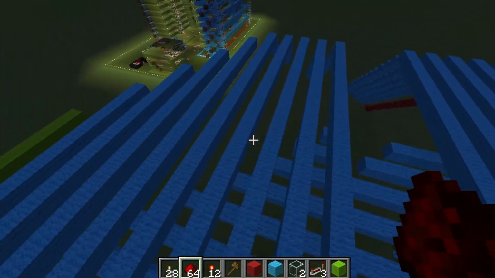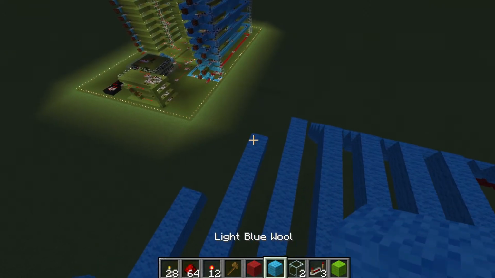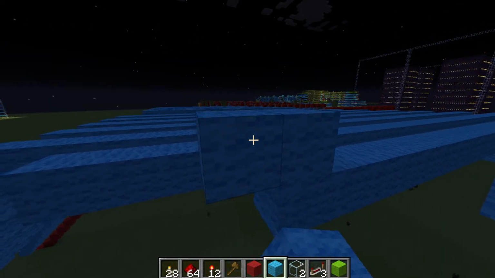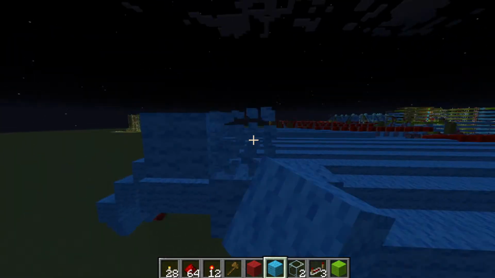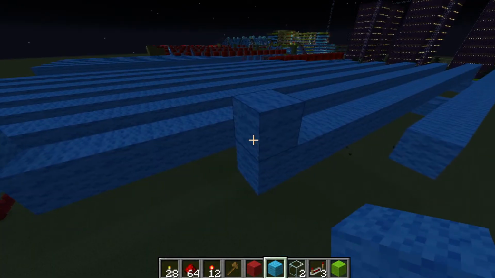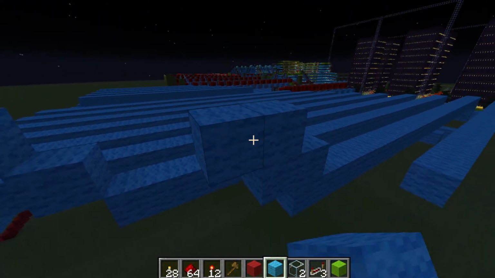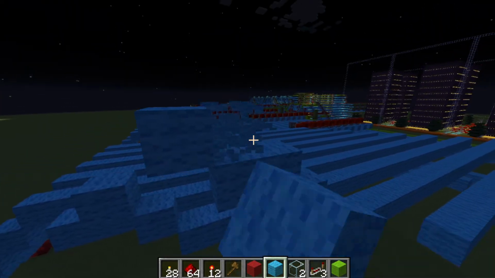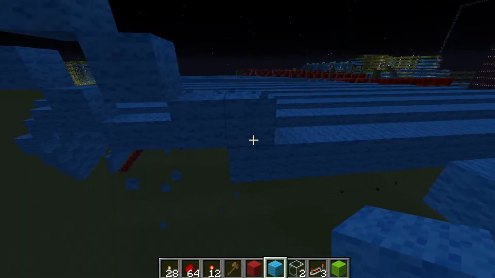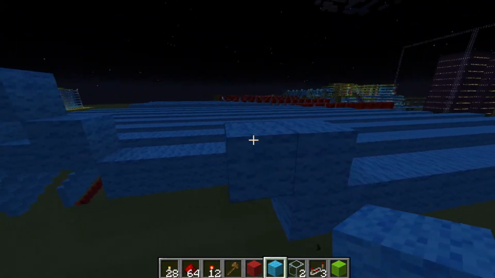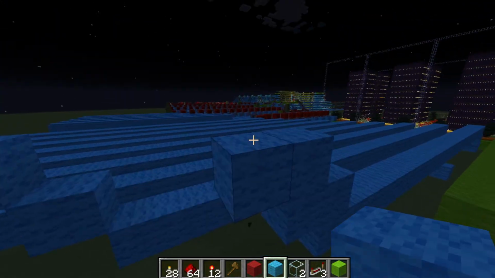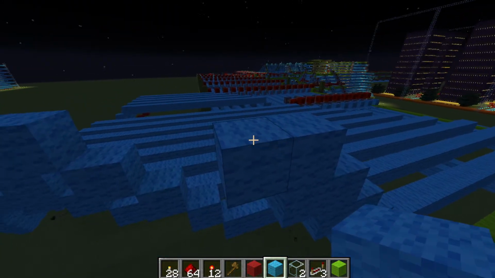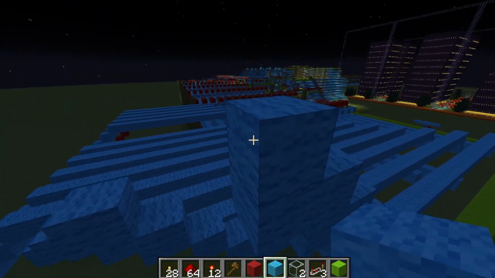Right, so this needs to be the level. This needs to be up 1, 2. This needs to be up 1, 2, 3, 4. This needs to be up 1, 2, 3, 4, 5, 6.